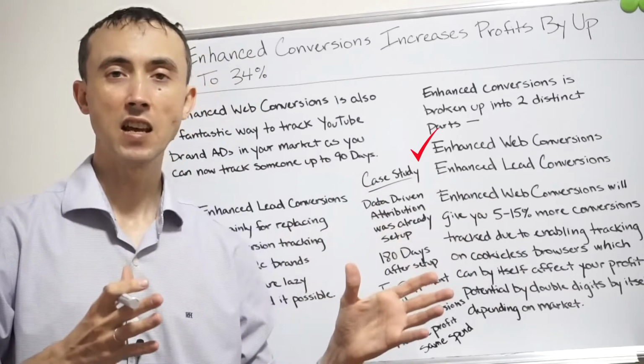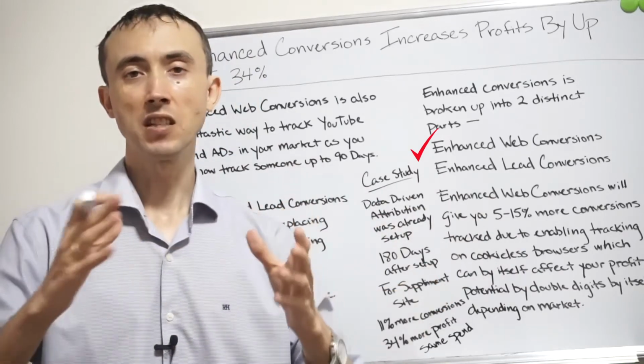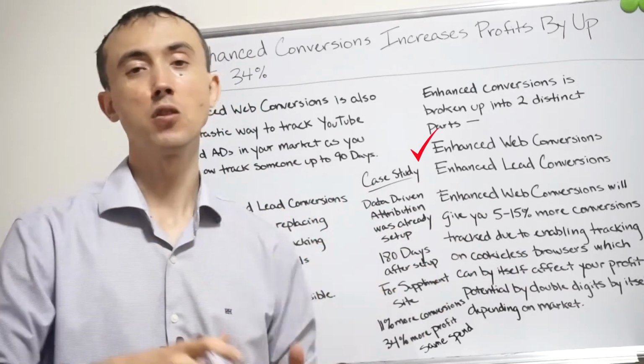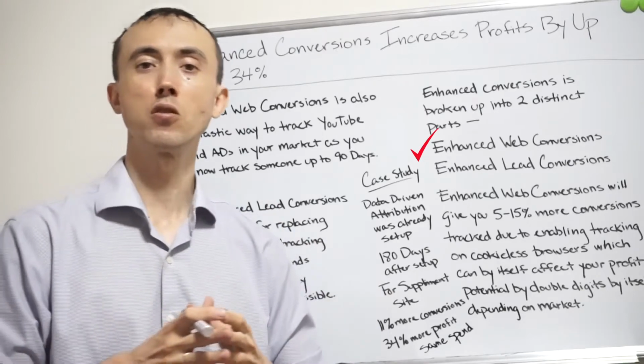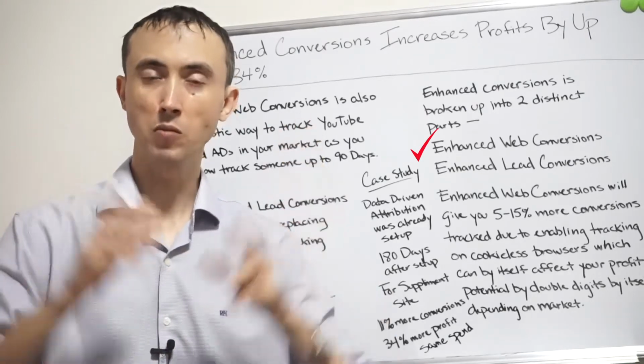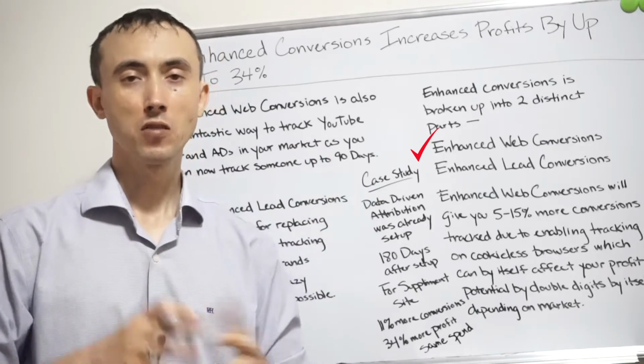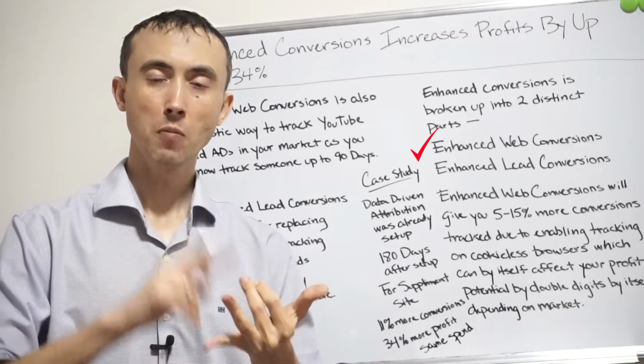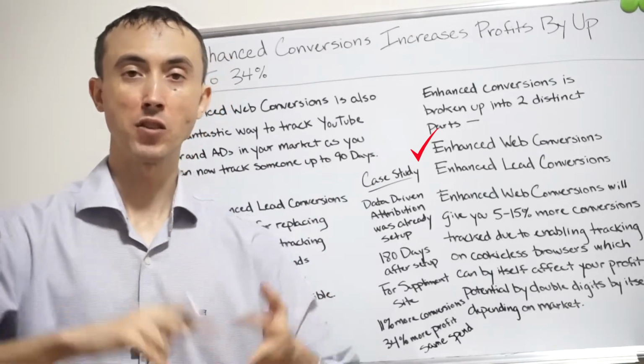Google uses that data to try to piece together extra conversions that you couldn't normally track on users who are on so-called cookieless devices. Safari, Brave browser, Firefox browser, which are the main ones.